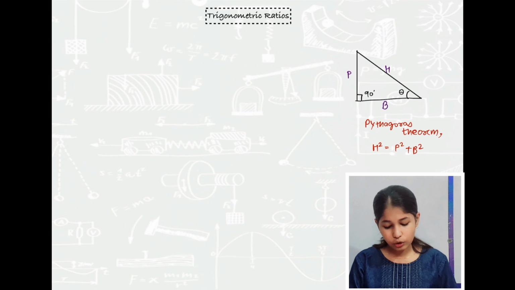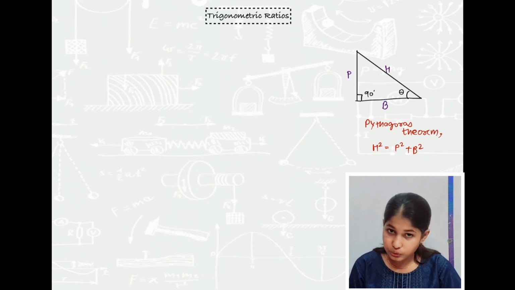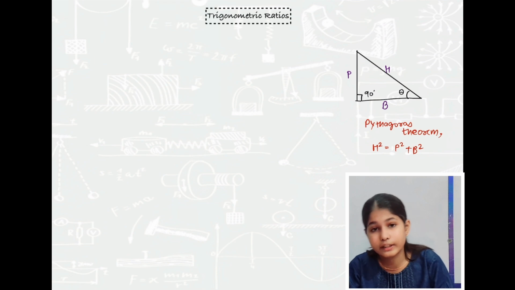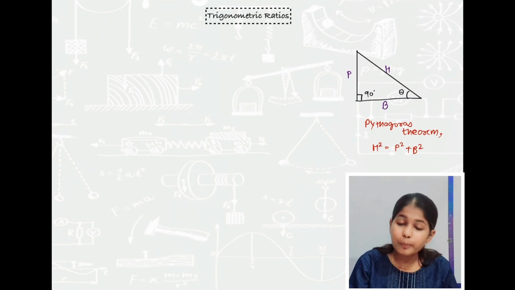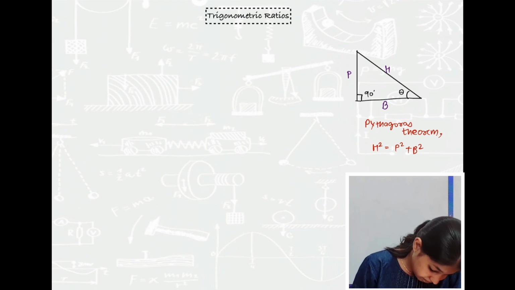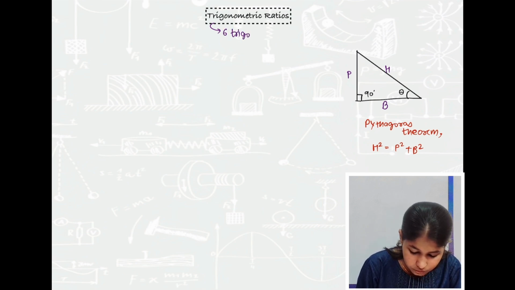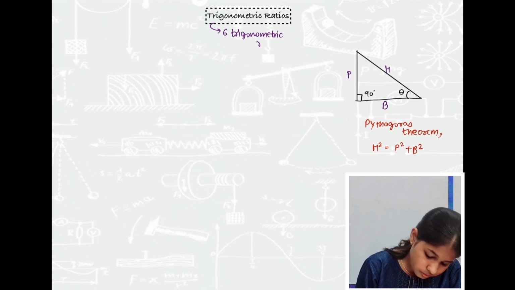Let's talk about trigonometric ratios now. We have sine, cos, tan, cosec, sec, cot. So we have six trigonometric ratios.